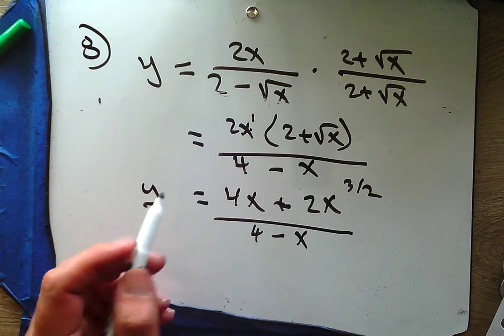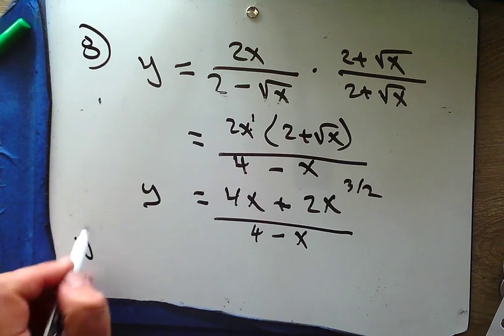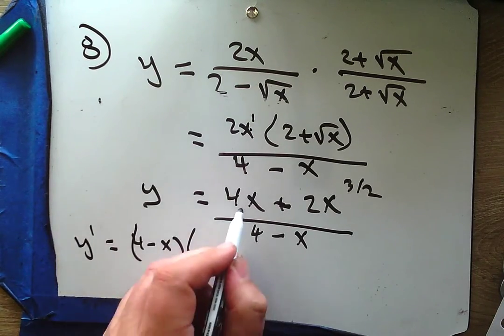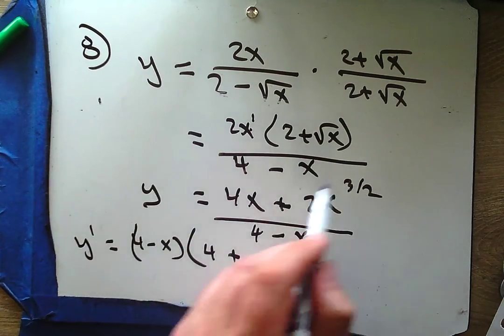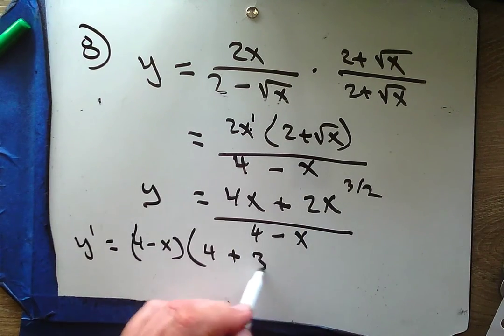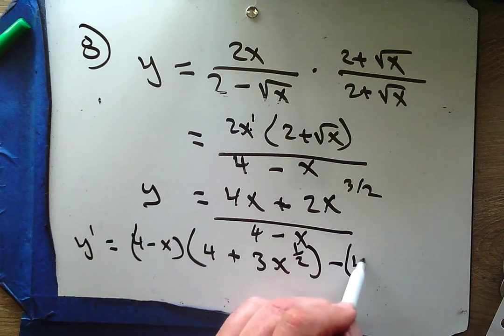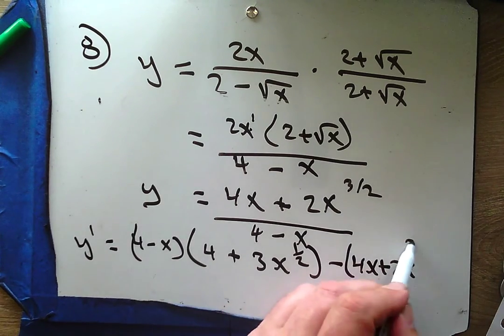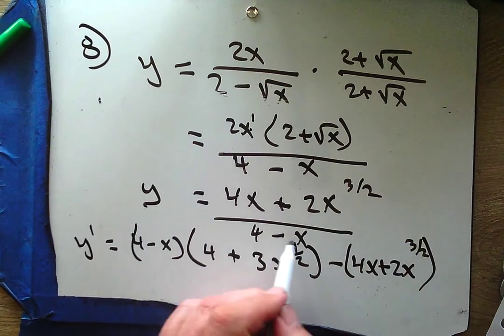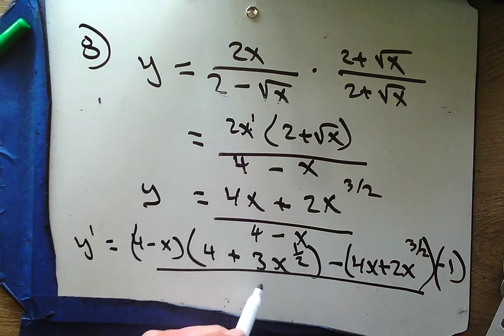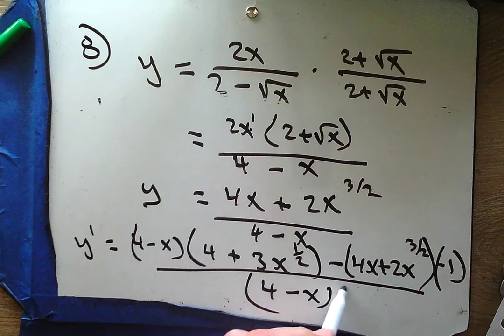So let's see about taking the derivative. y prime would be low d high, 4 plus, bring that down, 3x to the 1/2, minus high d low. The derivative of negative x is negative 1, all over 4 minus x squared.